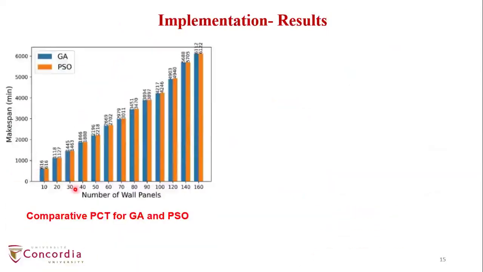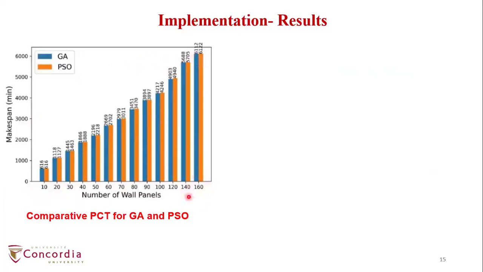Then we considered 13 sets of projects. For example, in the first project we used 10 wall panels, and in the last project we considered 160 wall panels. We ran both algorithms, and we found that the makespan using GA is relatively lower than PSO.